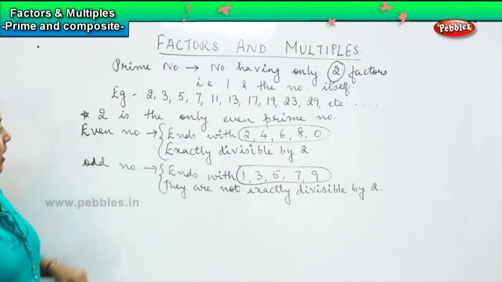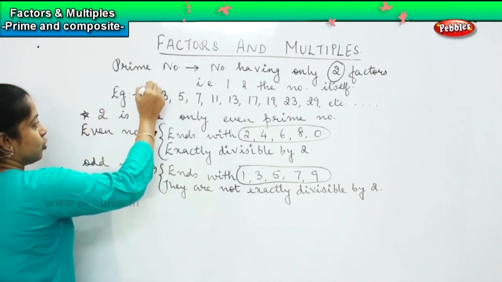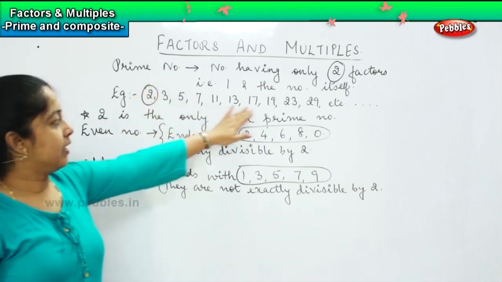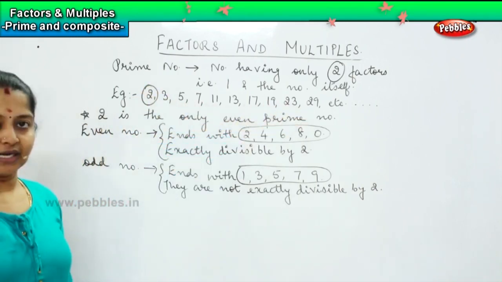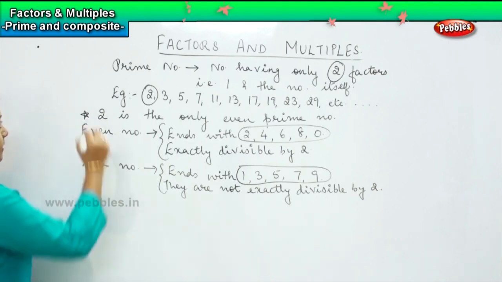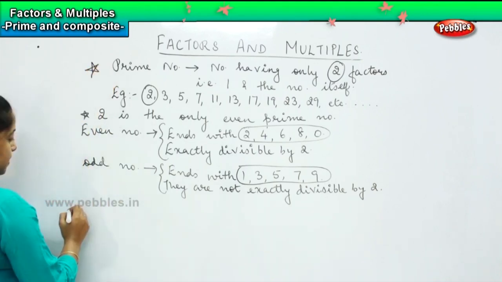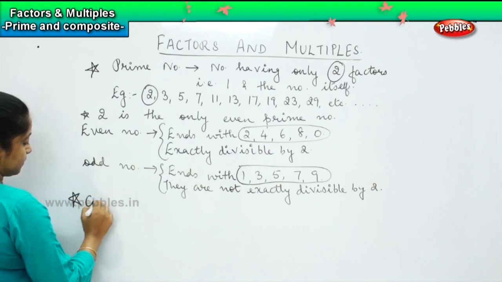So if you see in the prime numbers, except for the value 2, the rest all are odd numbers. Clear?